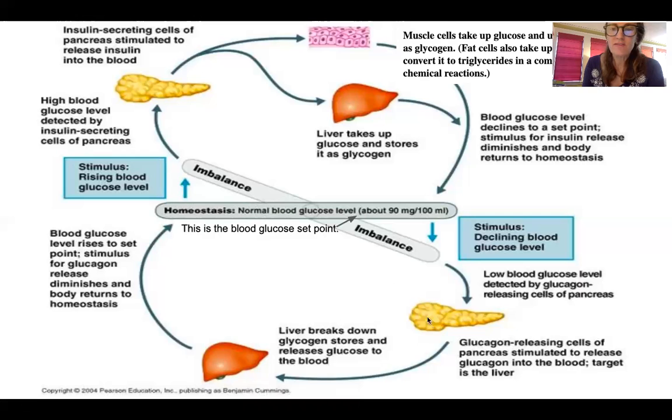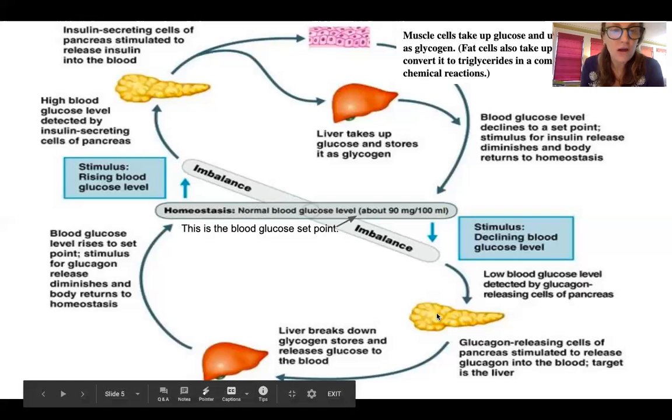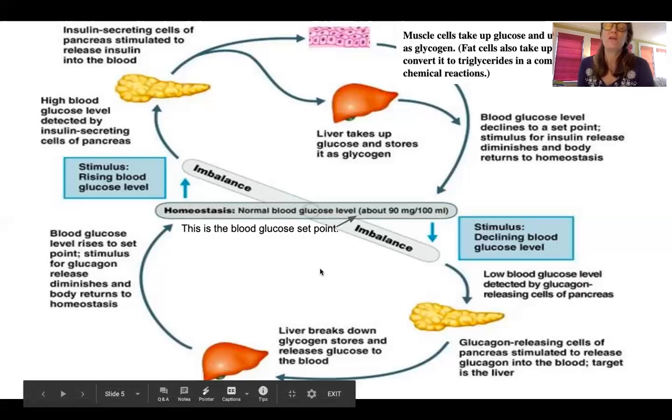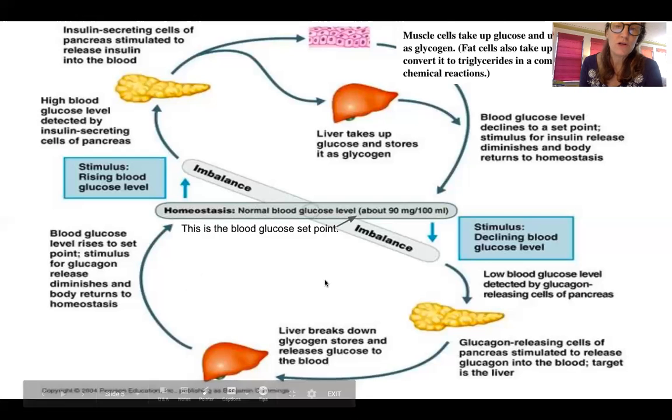When that happens, the pancreas detects that change, that blood glucose levels have been reestablished at the set point, and stops producing glucagon. So that's how low blood glucose is handled with a hormone called glucagon.